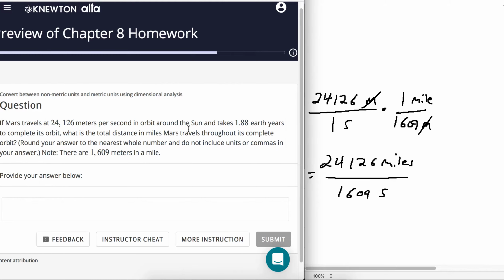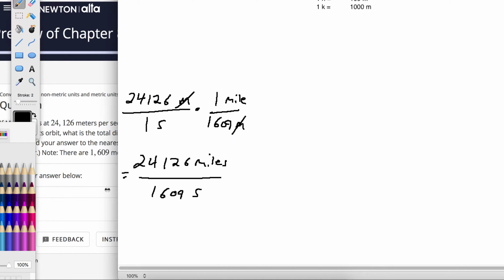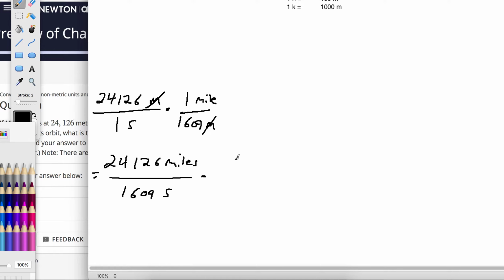But then we also need to convert Mars's speed to be in years. That way we can make it communicate with this measurement over here, okay? So let's do that long chain like we did in the last problem. You got 60 seconds. Here, let me fix that. I don't want that to look like a 5. 60 seconds per 1 minute.